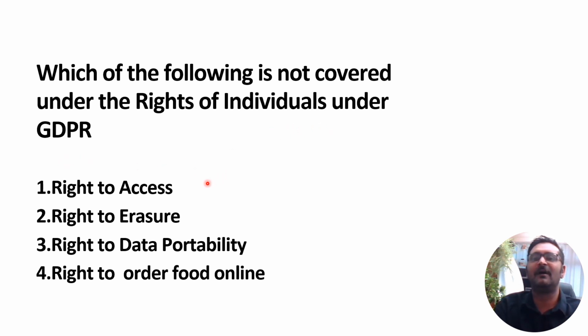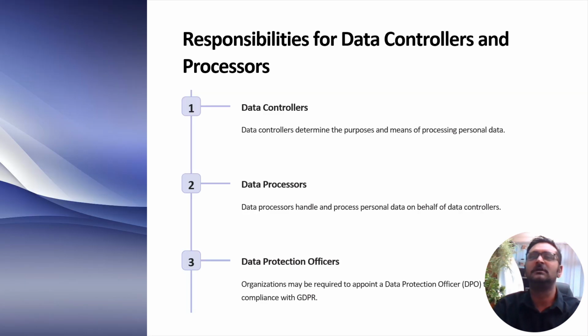So the answer here is actually the fourth one, the right to order food online, because the right to order food online has nothing to do with the rights of individuals under GDPR. However, under GDPR, individuals have right to access, right to erasure, and the right to data portability. Okay, excellent. Let's move on.